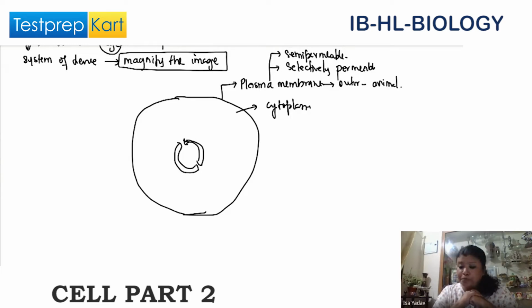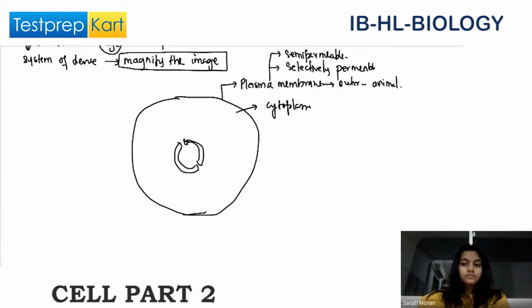Now, selectively permeable: we have different cells in our body, and different cells will allow only different components to get inside. So different cells are selecting which compounds will enter into our cell. That is selectively permeable. Semi-permeable is a general nature of the plasma membrane where it will not allow all substances to pass through. Clear? Yes.